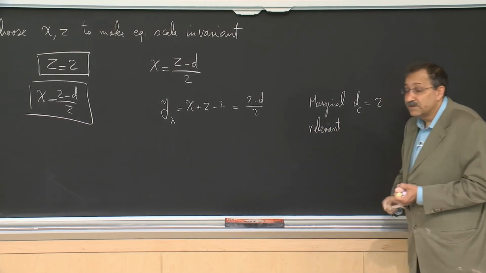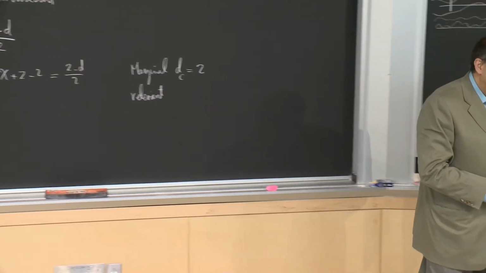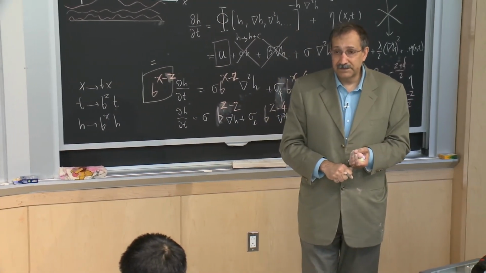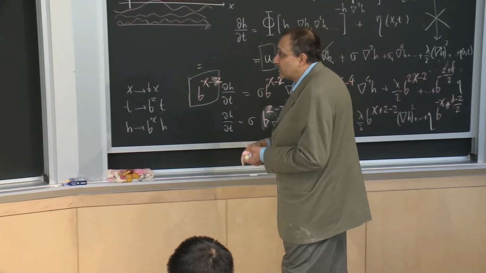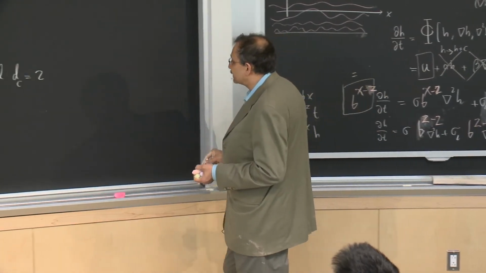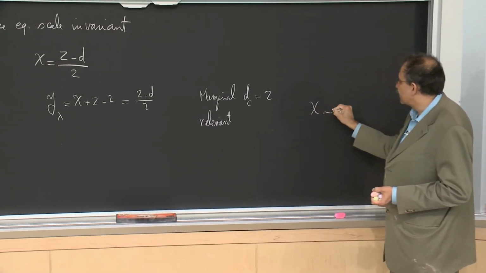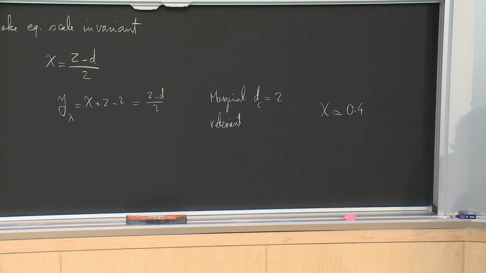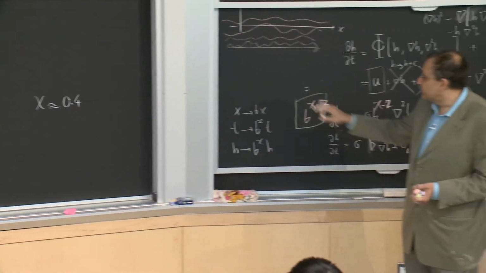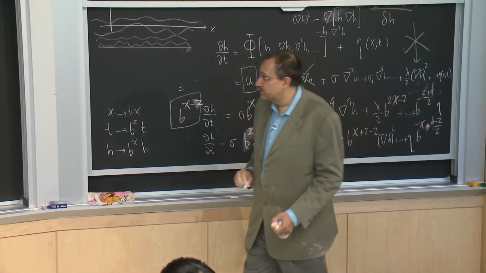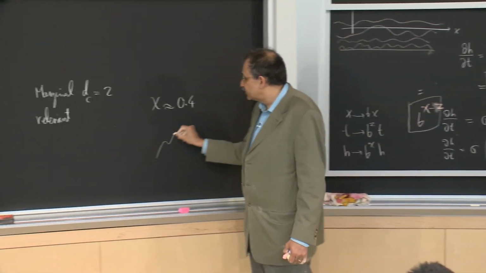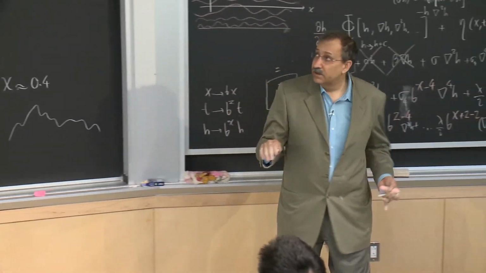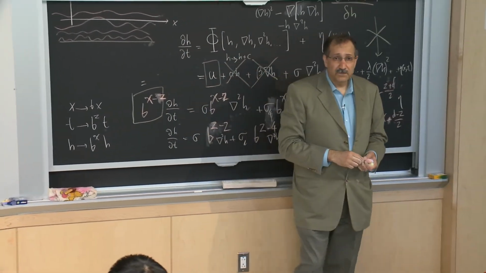It's marginally relevant. And actually, the epsilon expansion gives you no information about what is happening in the system. So people have then done numerical simulations, and they find that there is a roughness that is characterized by an exponent that is something like 0.4. So that when you look at some surface that is grown, it is much, much rougher than the surface of a soap bubble or what's happening on the surface of the pond.